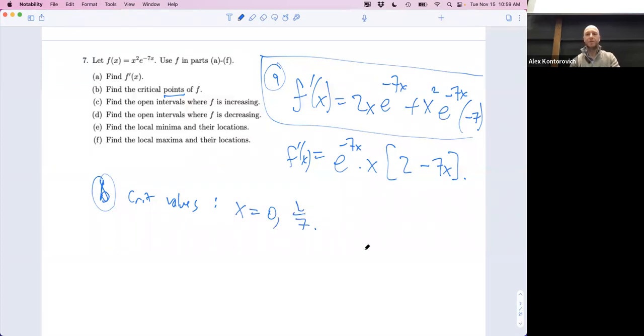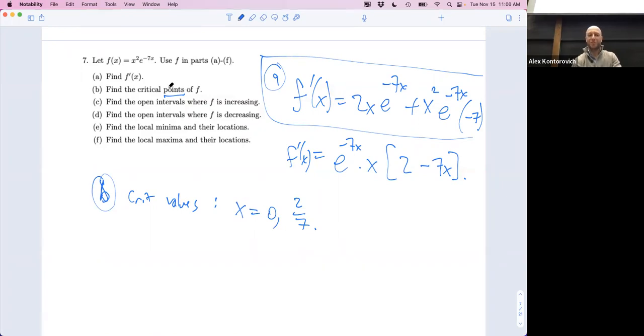Sid, is that a question? A little louder. Yeah, it seems to me that even when the book asks for critical points, it is still only asking for the x values.